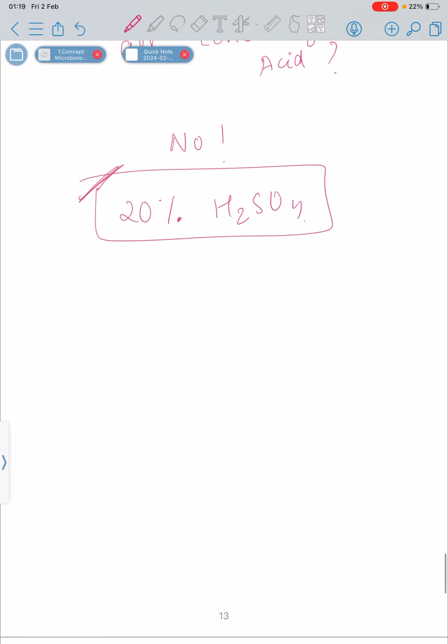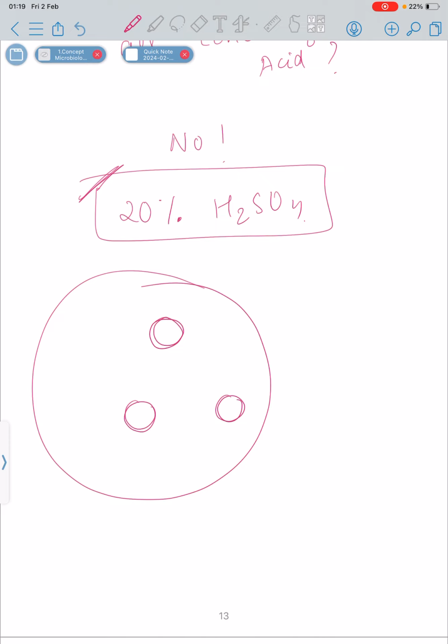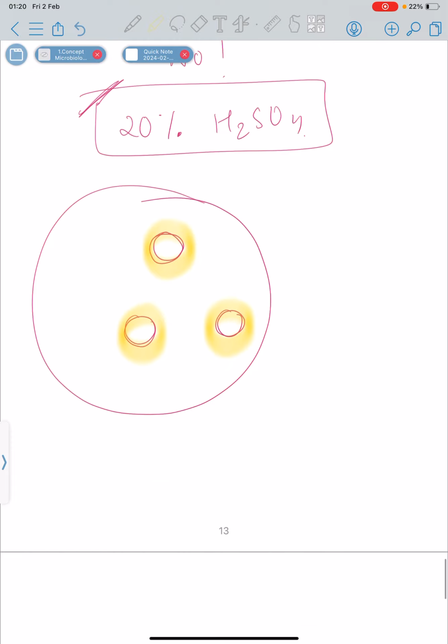Okay, so till now what happened was, this is the petri dish, this is the organism, for example Mycobacterium tuberculosis, this is the carbol fuchsin. Okay, just simplifying it, it does not actually look like this. In fact if I draw it properly, it is a bacilli, it is not even a cocci.